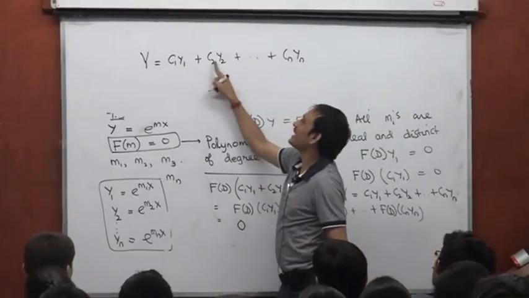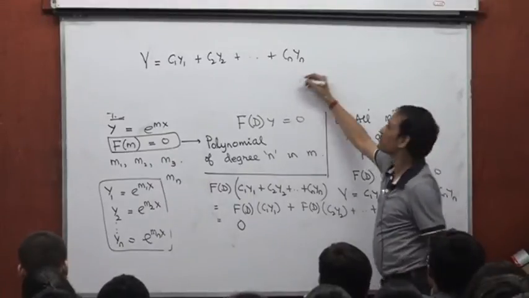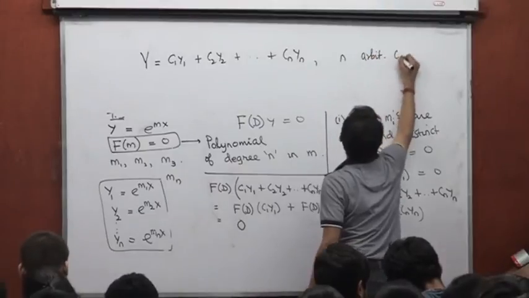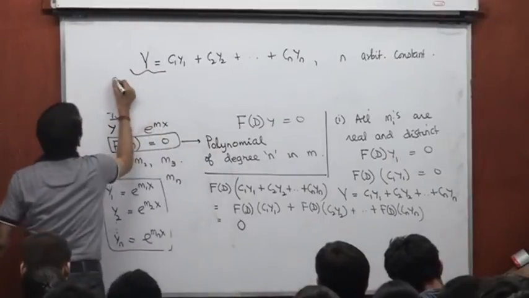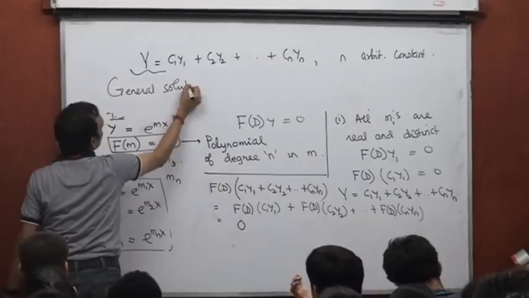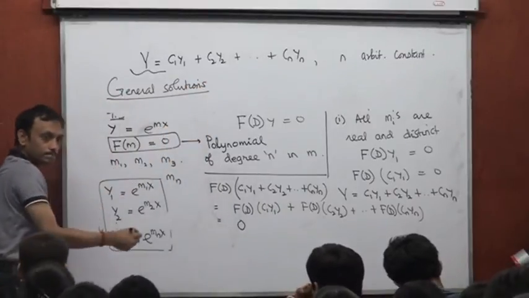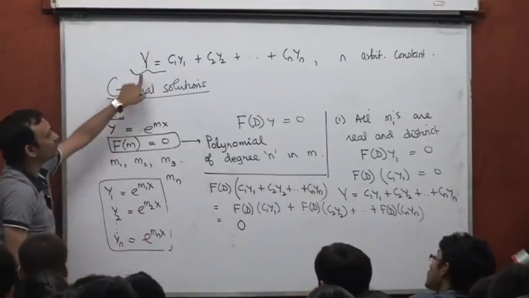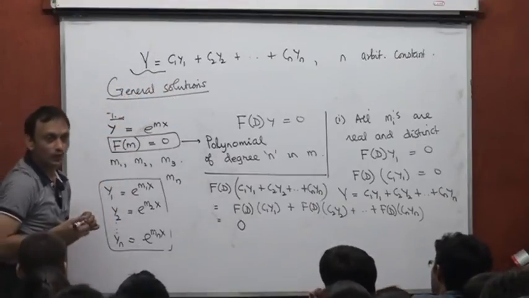Because it has n arbitrary constants in it, right? So with n arbitrary constants, it is the general solution. So if the mi's were all real and distinct, then the general solution would be C1 y1 plus C2 y2 plus Cn yn, right?